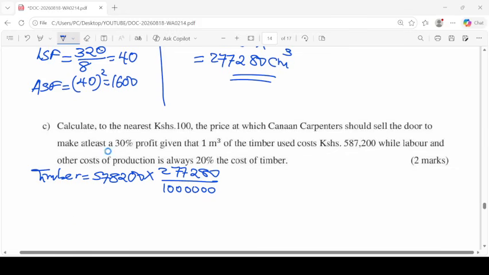This should have been 587,200. So this is 162,000.